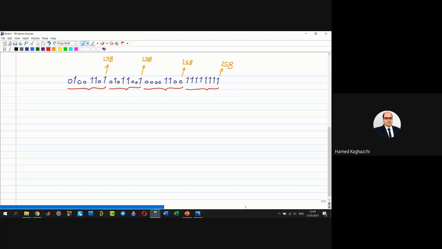It means that instead of these bits, I write 0. Instead of this one, I write 0. Instead of this one, again 0, and instead of this one, again 0.